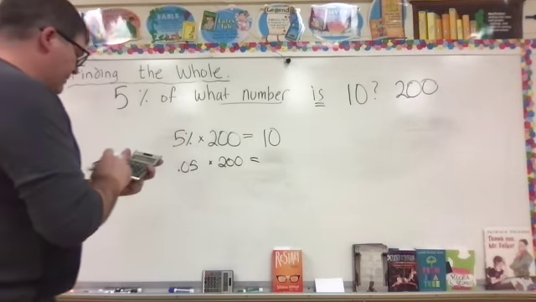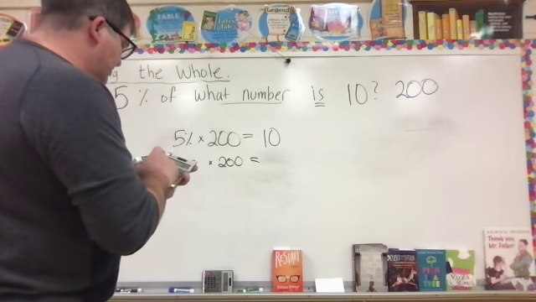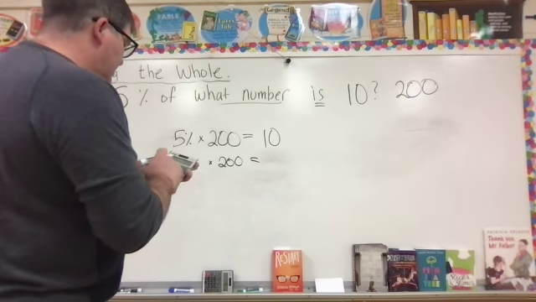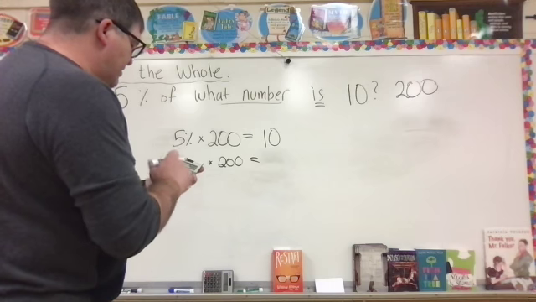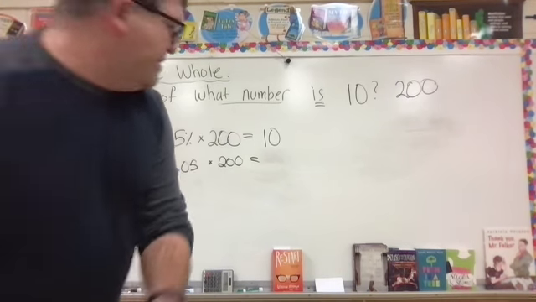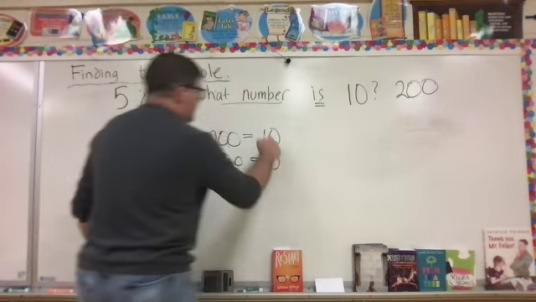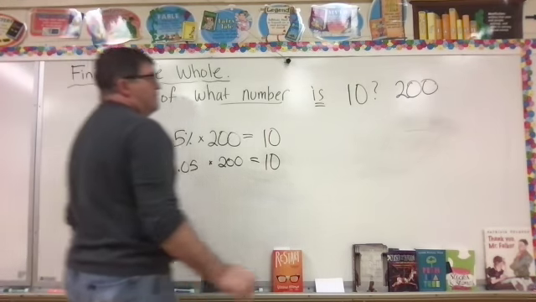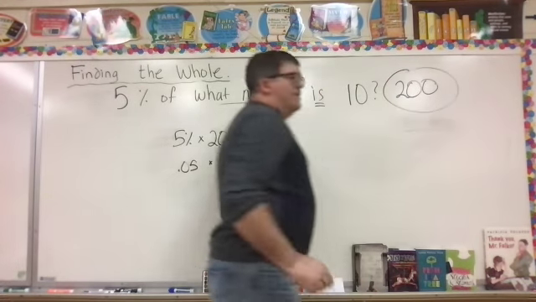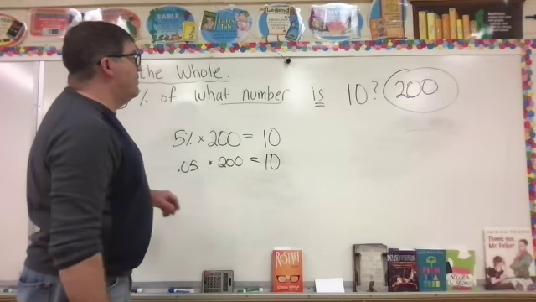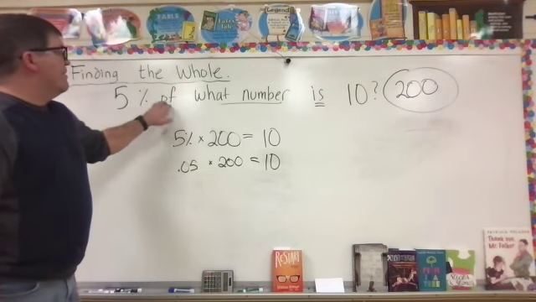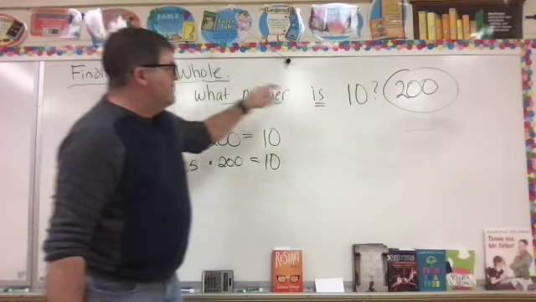So let's do it. 0.05 times 200 equals exactly 10. And that checks out. So this is my number, my whole number. 5% of 200 is 10.